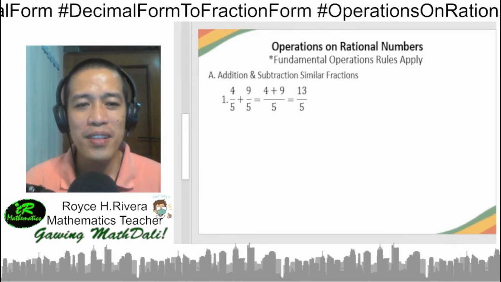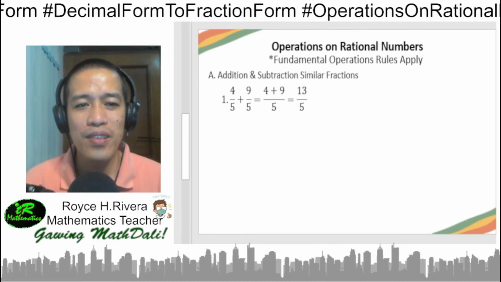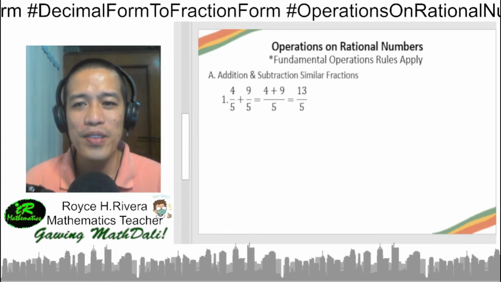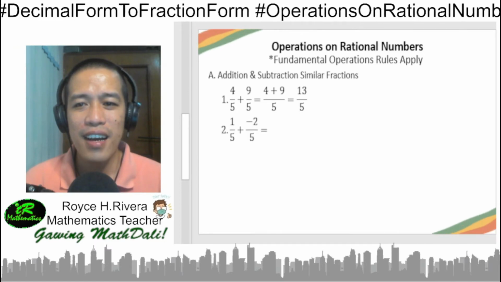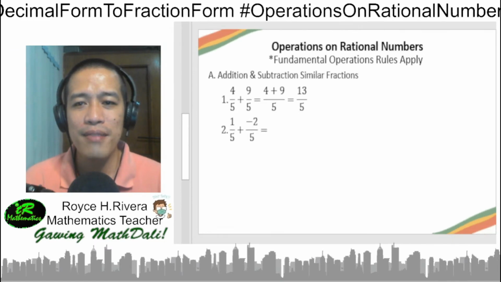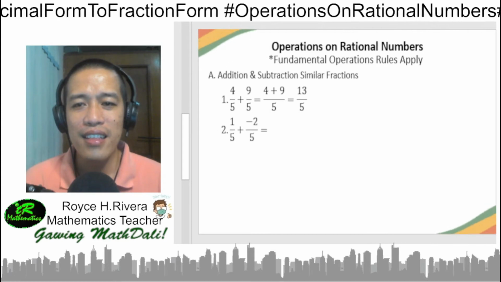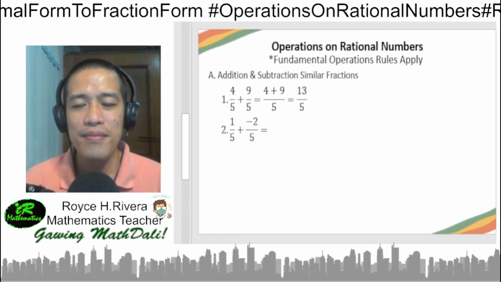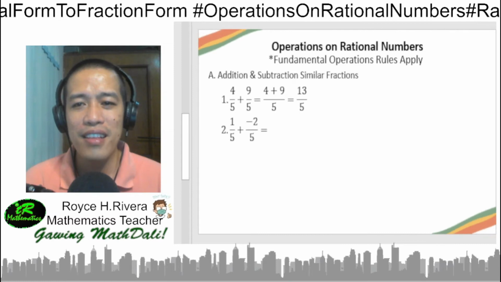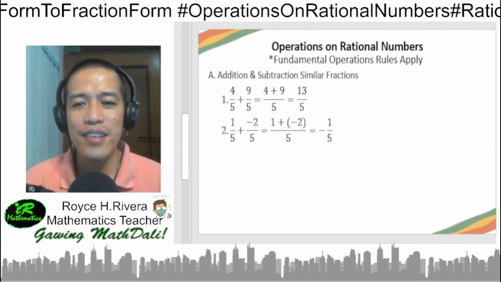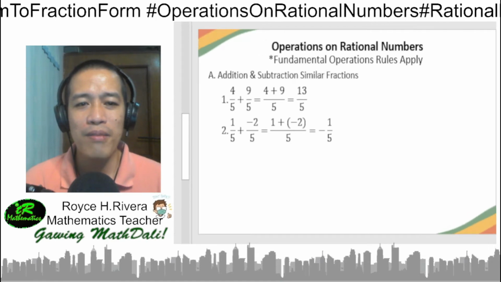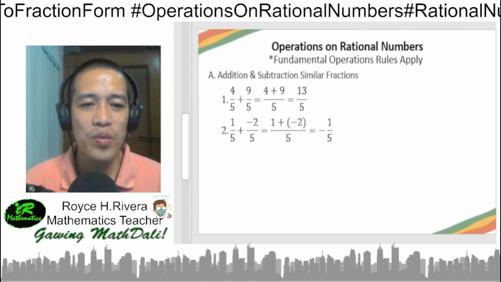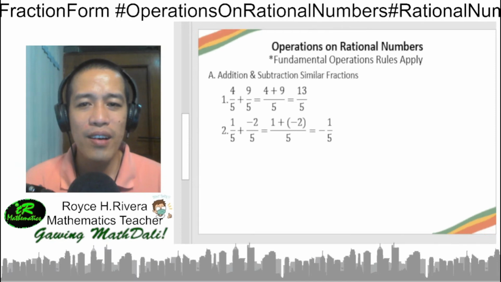If the results can be reduced to lowest term, you may do so. Number 2, the sum of 1 over 5 plus negative 2 over 5. Copy the denominator, then add the numerator. 1 plus negative 2 all over 5, and that is equal to negative 1 over 5.